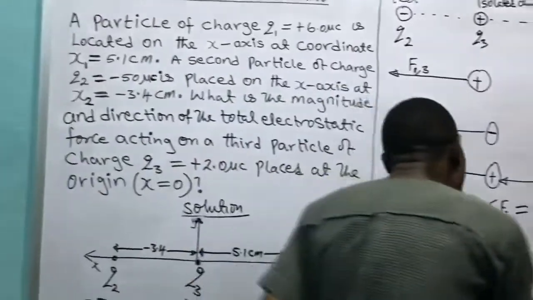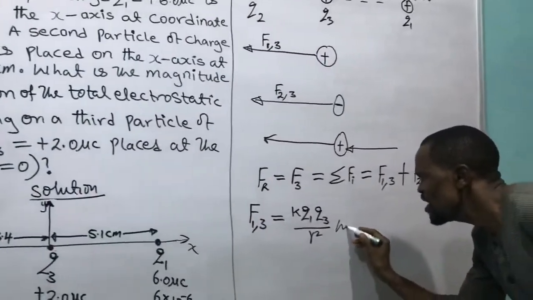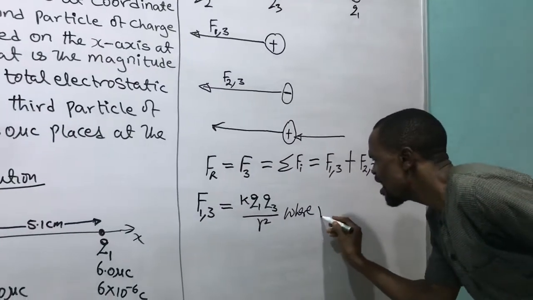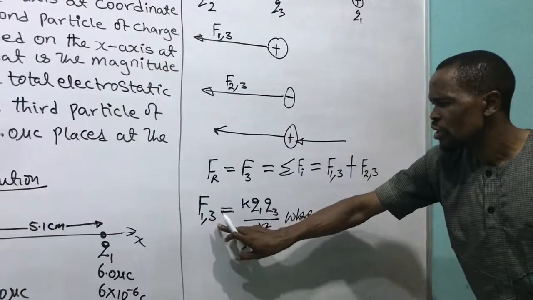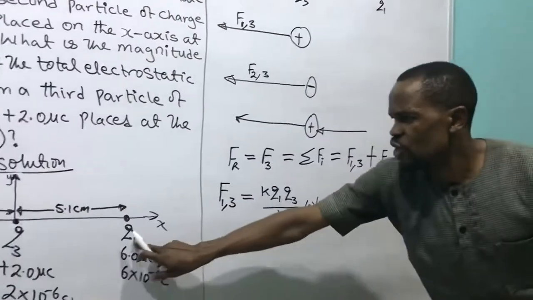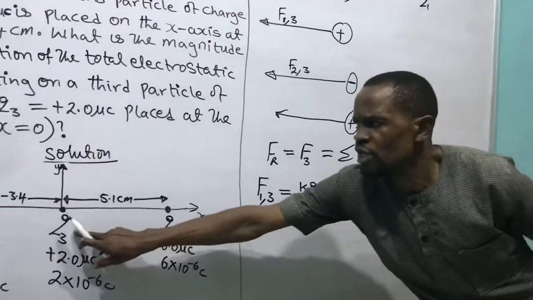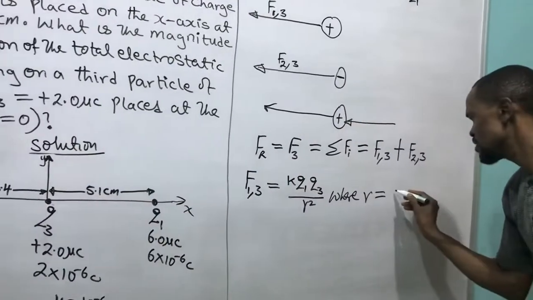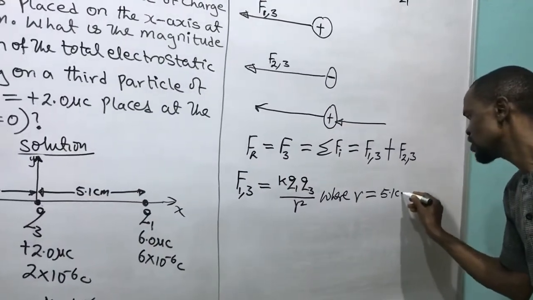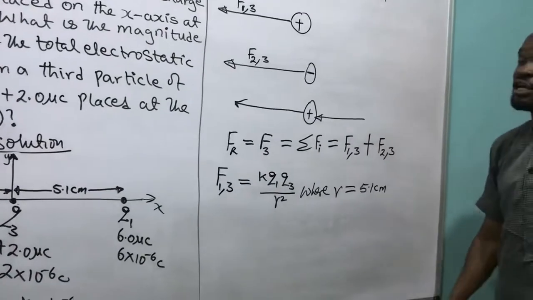Then now, R is giving me the distance between what? Q1 and Q3. Look at Q1, look at Q3. What's the distance? 5.1 cm. I have to convert it to meters. You know the reason?